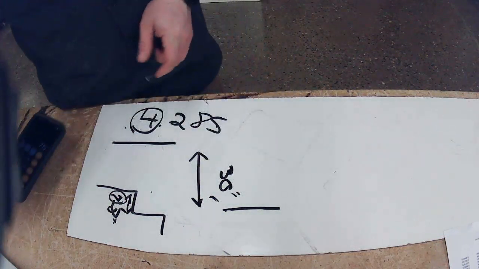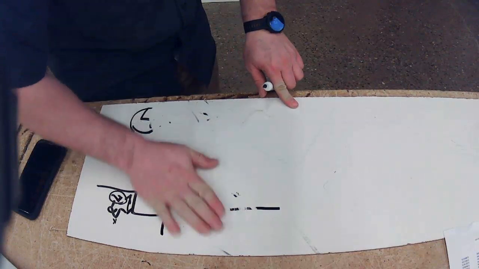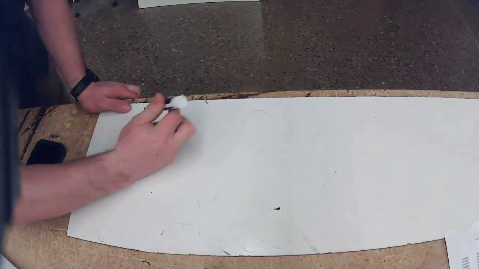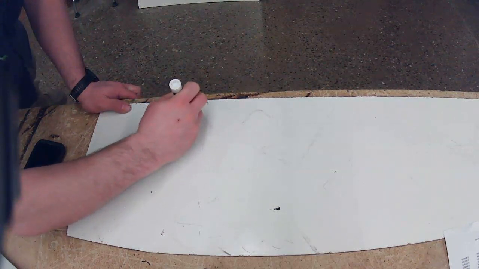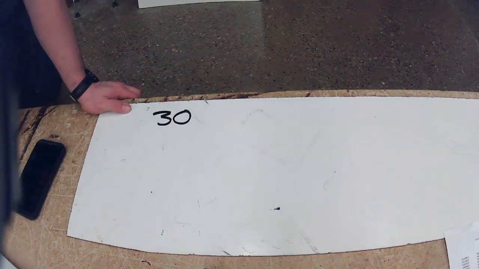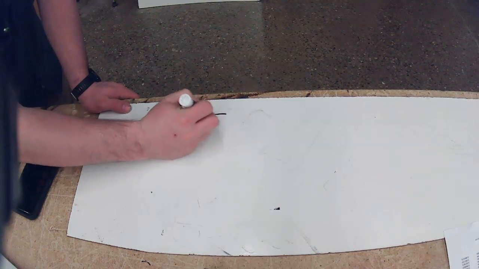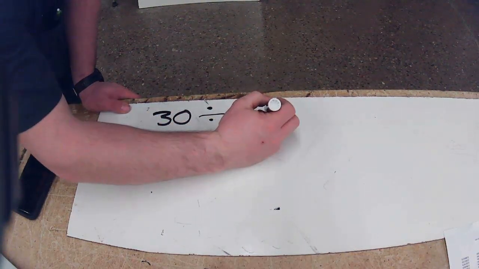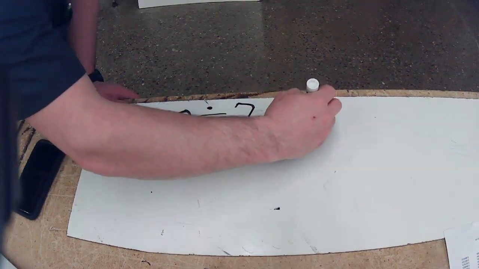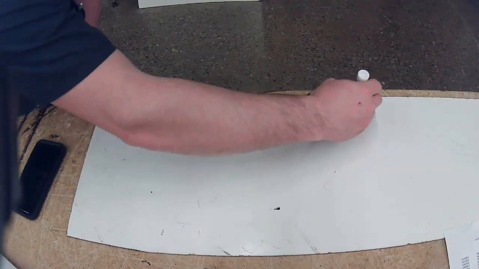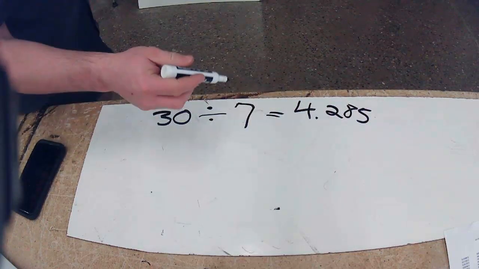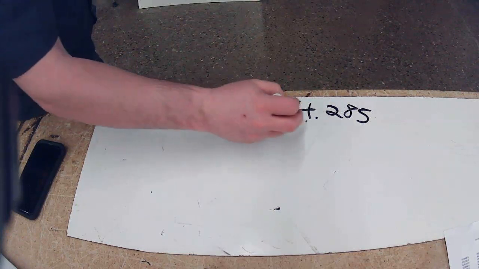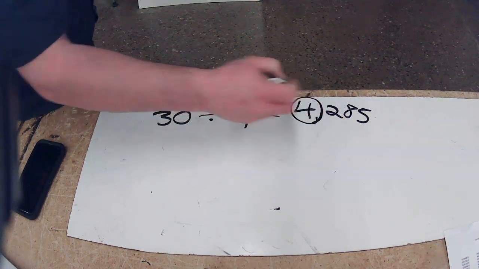So the whole thing, how I did this here: the total height is 30, and we always divide that by 7, which equaled 4.285. And we wanted to round down because 285 rounds you down, so we want a whole number, so we take the 4.